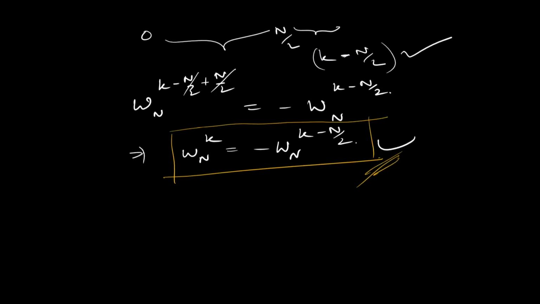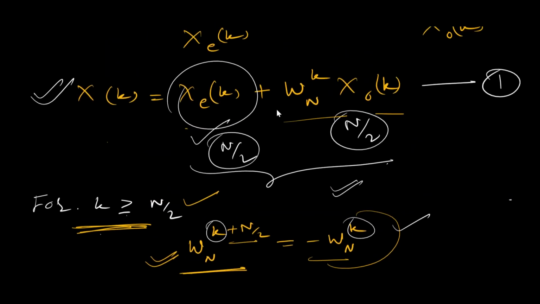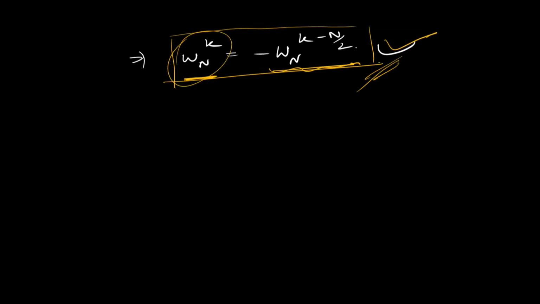Okay, so let us substitute the value of the twiddle factor in equation number 1. This term will get replaced with this thing, and this term will get replaced with minus of the twiddle factor. Then replace all the k with k minus N by 2 in this equation. Let us rewrite this equation.